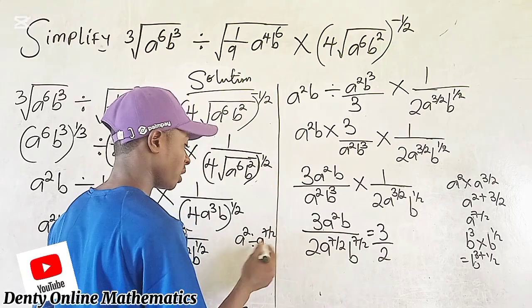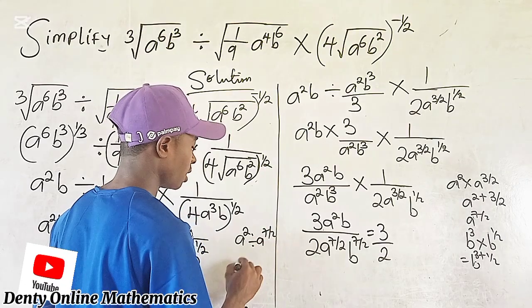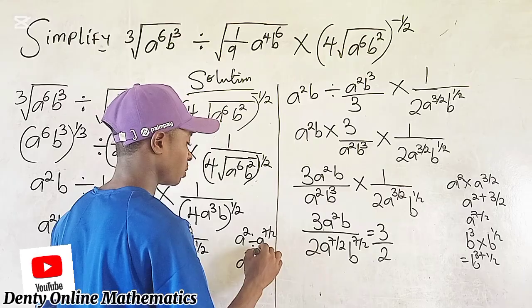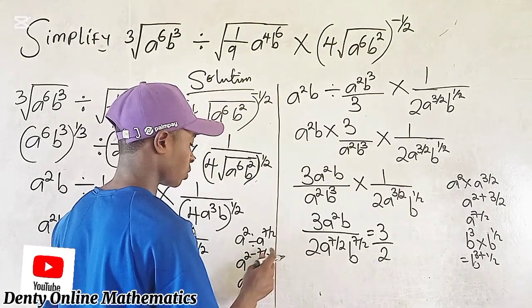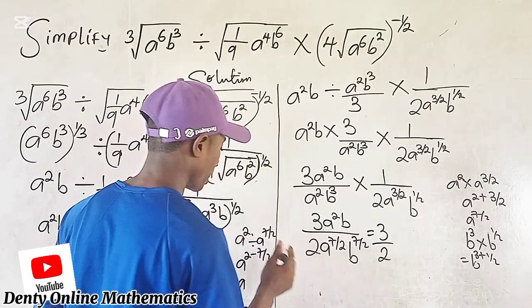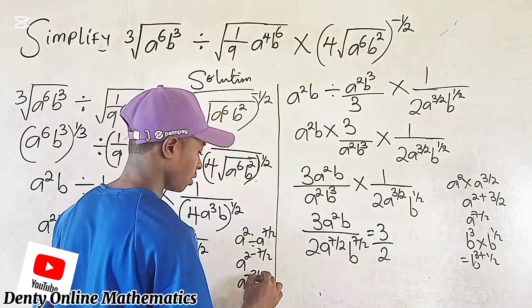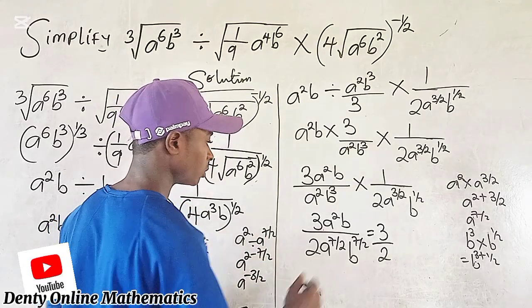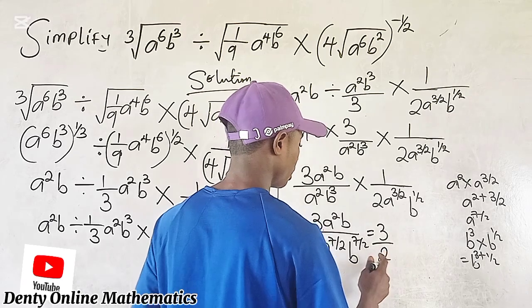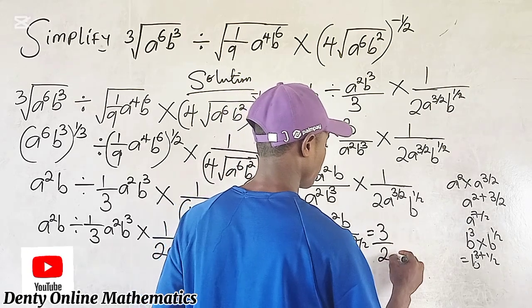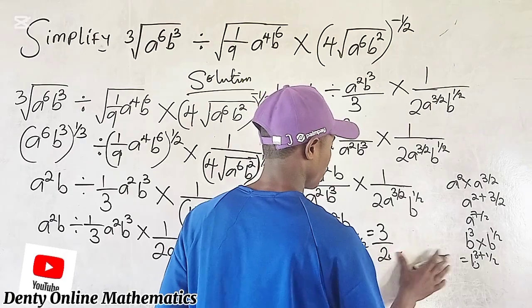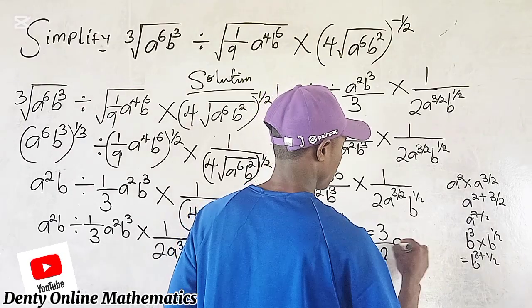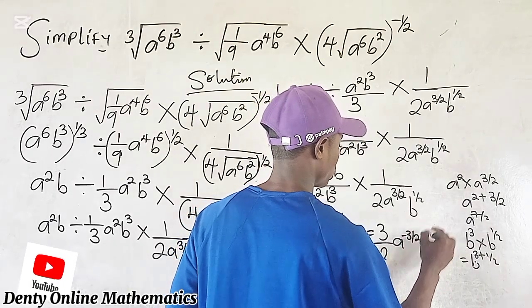As usual, when dividing by laws of indices, pick one of the base and subtract the exponent. So 2 minus 7 over 2, that will give me 4 minus 7 will give us minus 3 over 2. So I'll have a raised to the power minus 3 over 2.